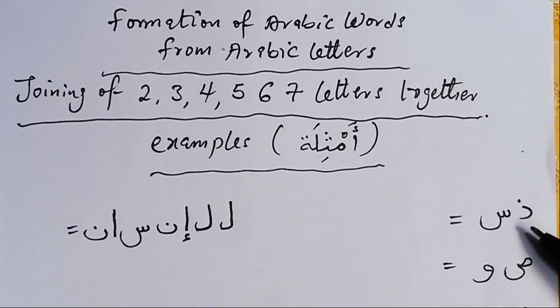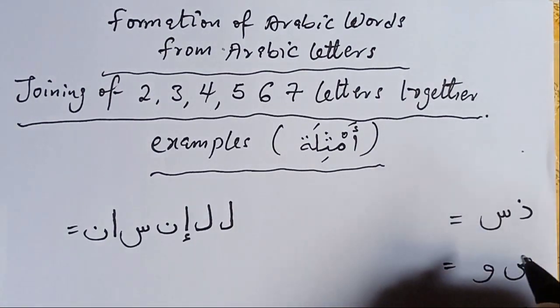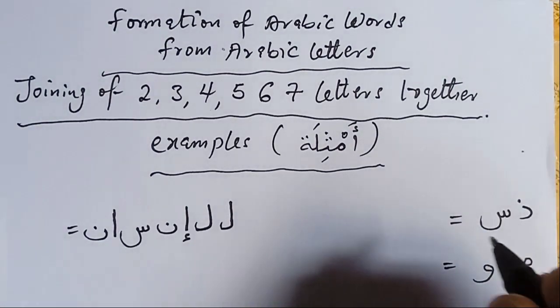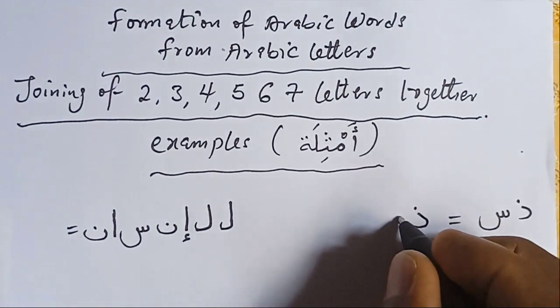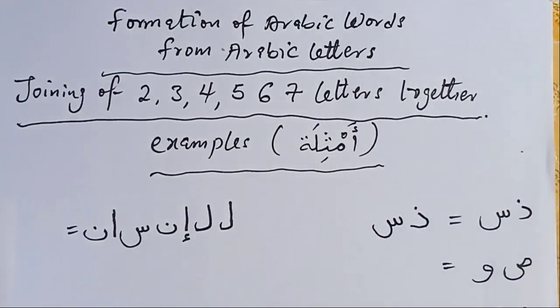So for the first example, the letters will be rewritten the way they were, which is Dal, then Sin, and that is all for that.